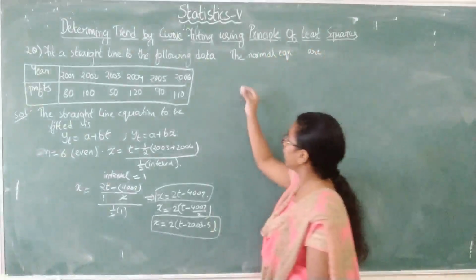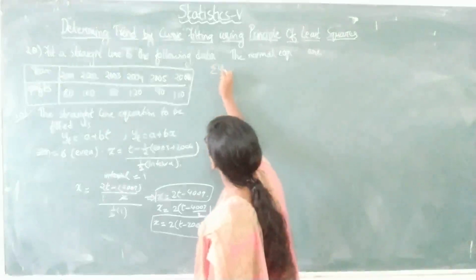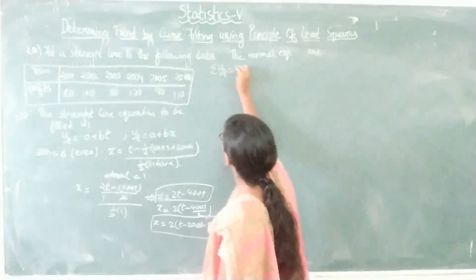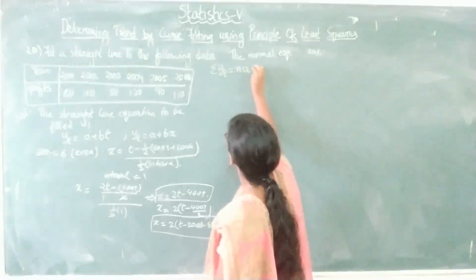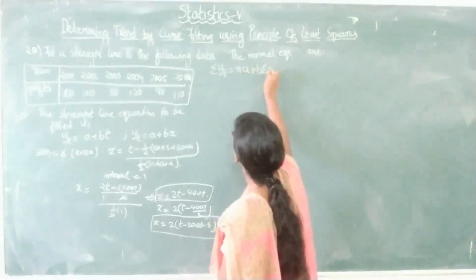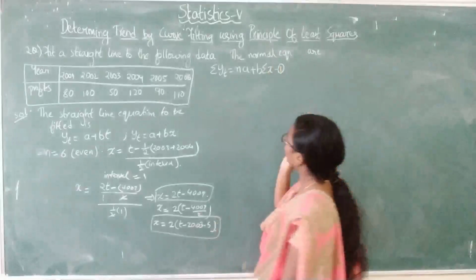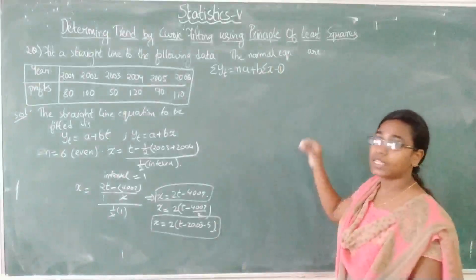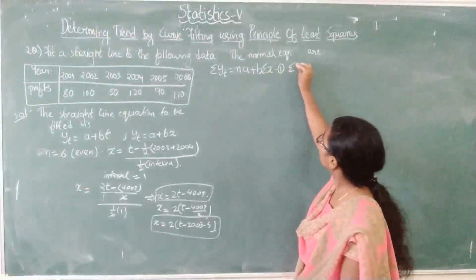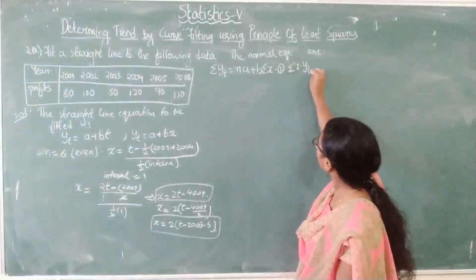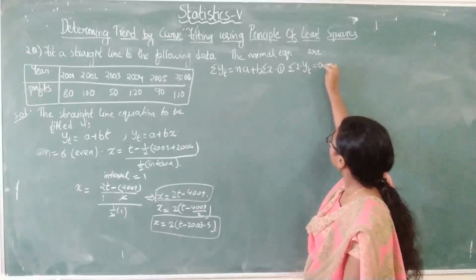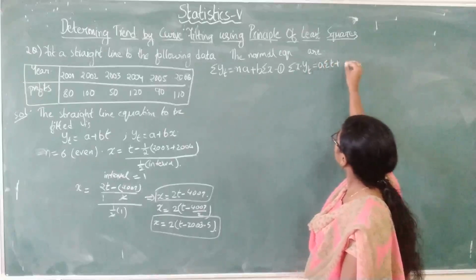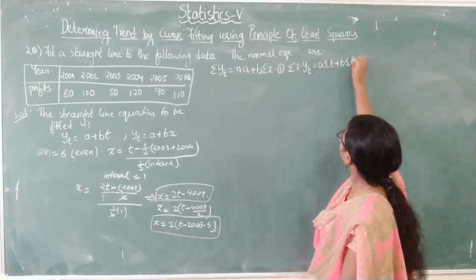Summation yt equals n into a plus b summation x. This is the first normal equation, and similarly the second normal equation is summation x into yt equals a summation t plus b summation t square.